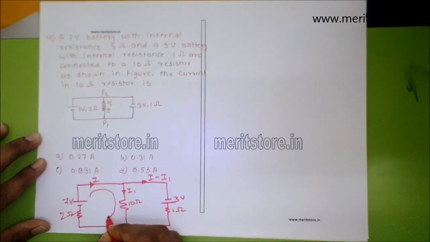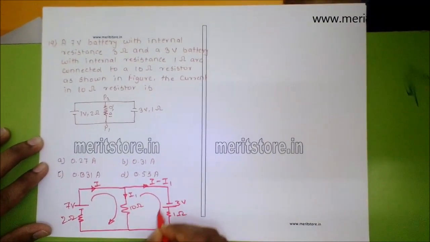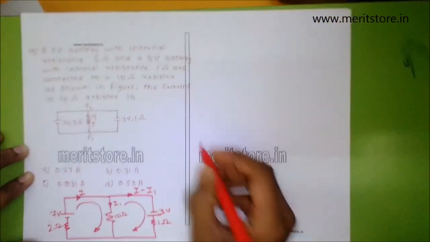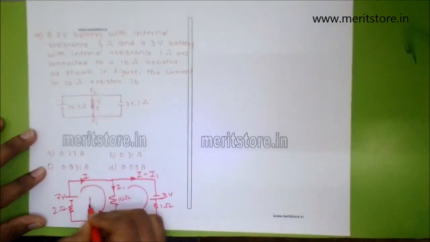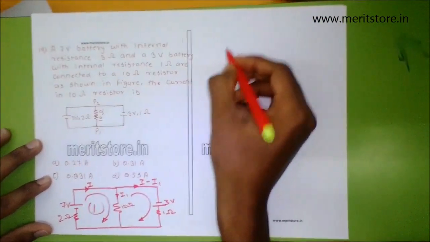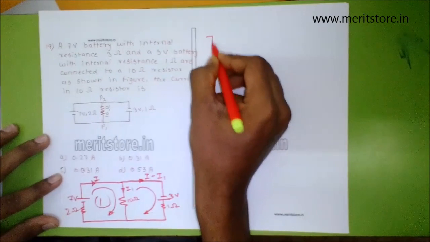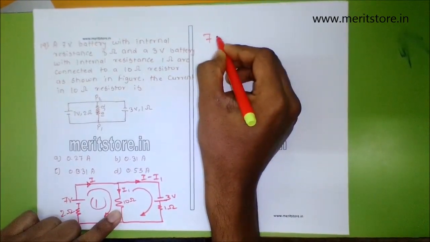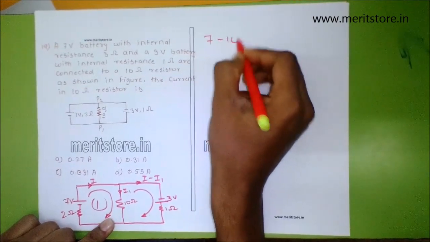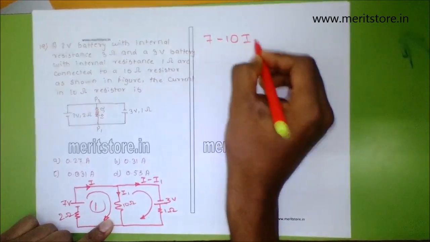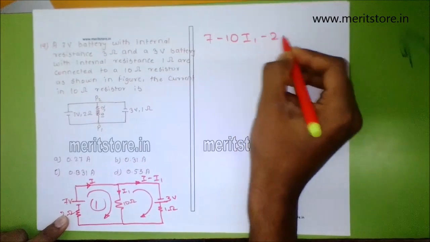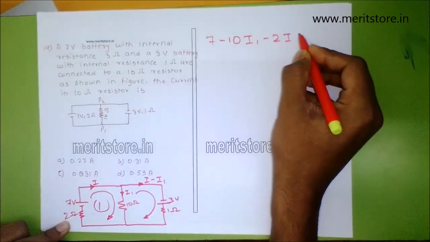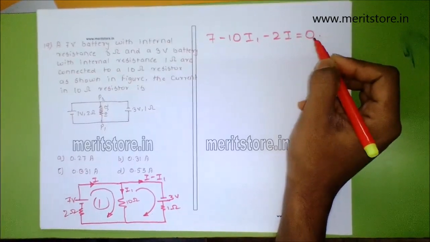Using Kirchhoff's voltage law and assuming these arrows to be the direction of tracing, we find out the equations for the first loop. Therefore, the equation can be written as 7 minus 10 times I1 minus 2 times I is equal to 0.